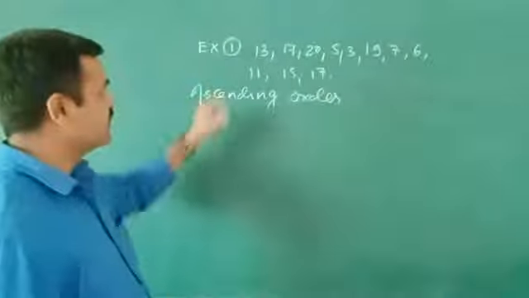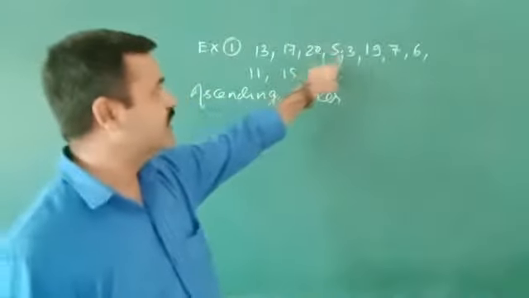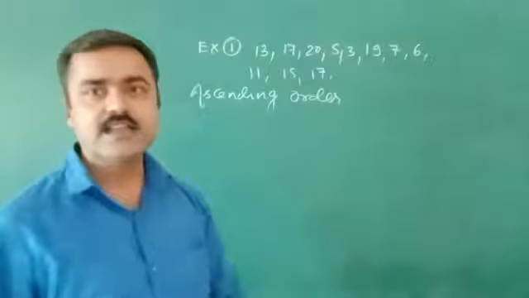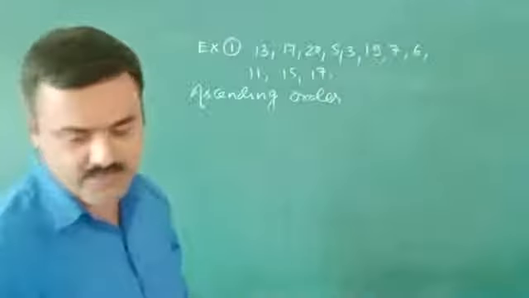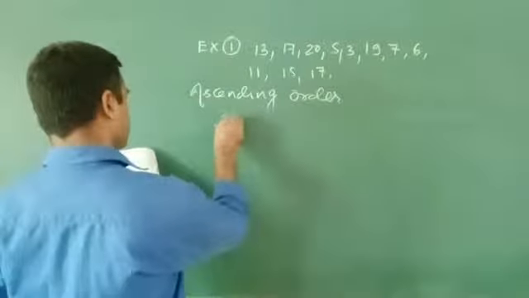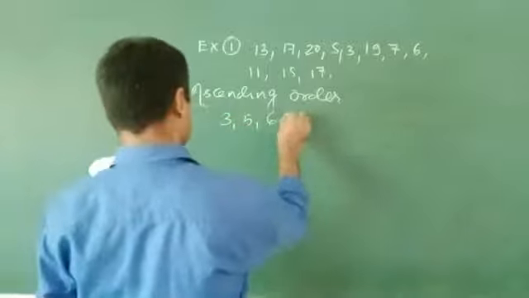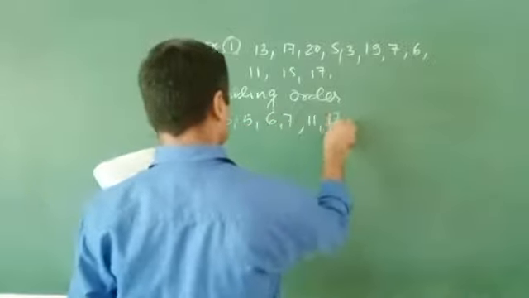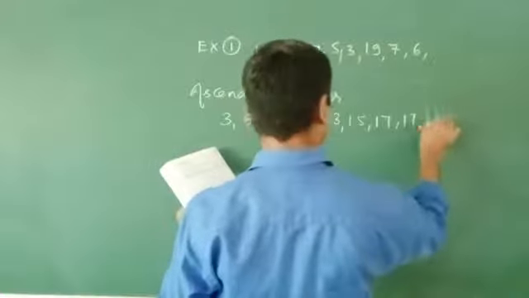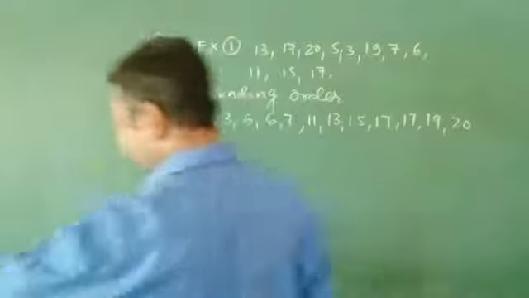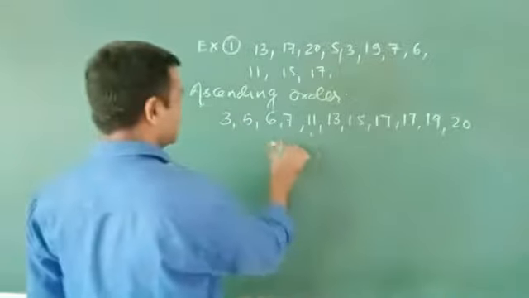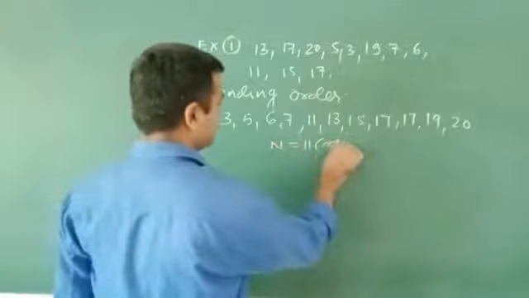Right? Okay, students. 13, 17, 25, 3, 19, 7, 6, 11, 15, 17. Arrange in ascending order. So here is the arrangement in ascending order. See, 3, 5, 6, 7, 11, 13, 15, 17, 19 and 20. The total n equal 11, which is odd in number.